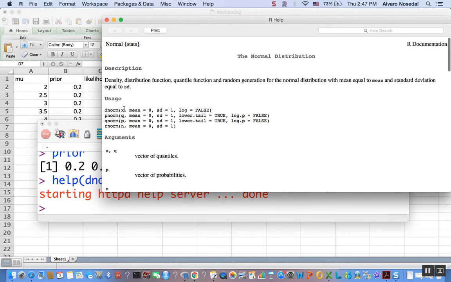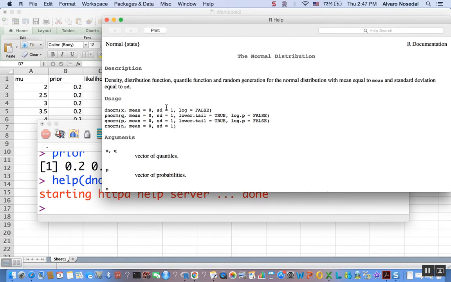The syntax is you need the value where you're going to be evaluating, then the mean, the parameter mu, and then the standard deviation for that particular normal. The variance is sigma squared divided by n, but we need the standard deviation.